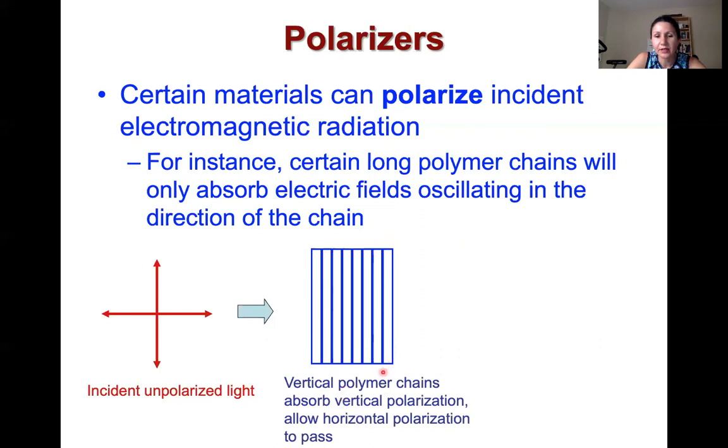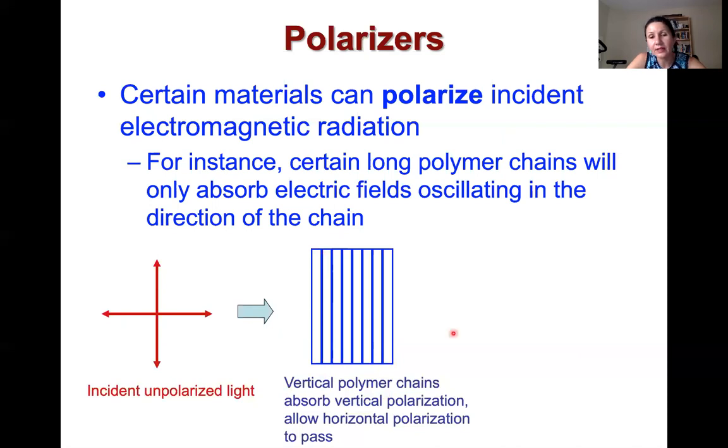Here you see these vertical lines, and what they do is they don't allow light to come through in that direction. Any light which is oscillating in that vertical direction will get absorbed by these polymer chains.